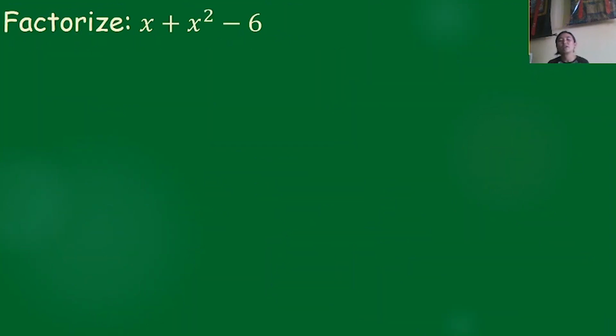In both the cases you will get the same answers. Now let's move on to the next example, that is x plus x square minus 6. Try to see whether this polynomial is already written in the general form or not.